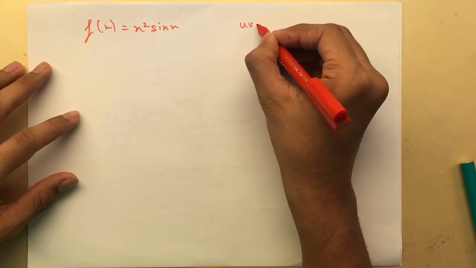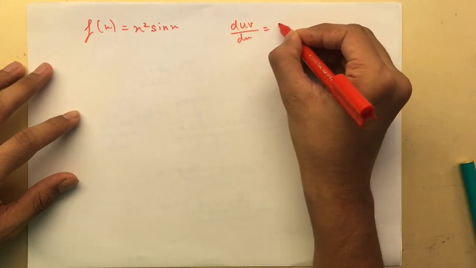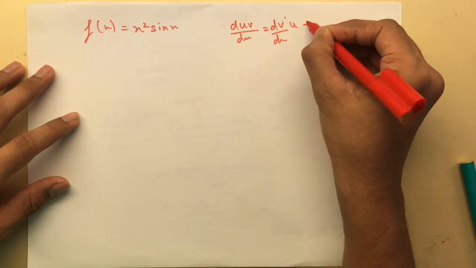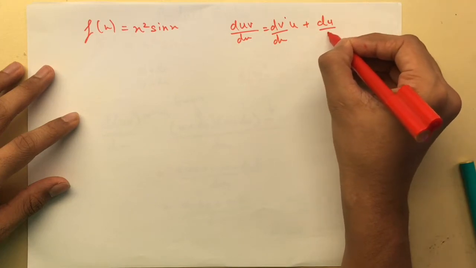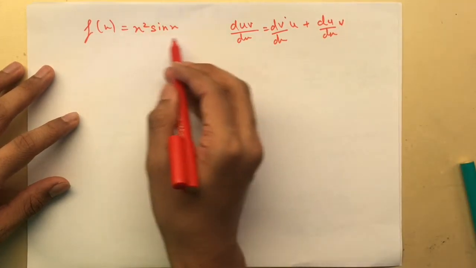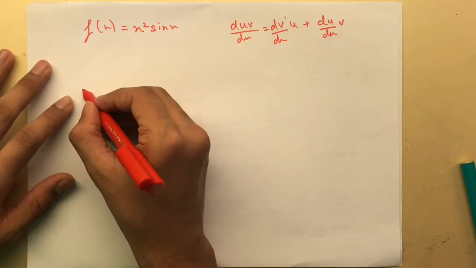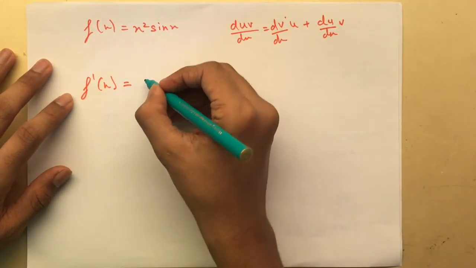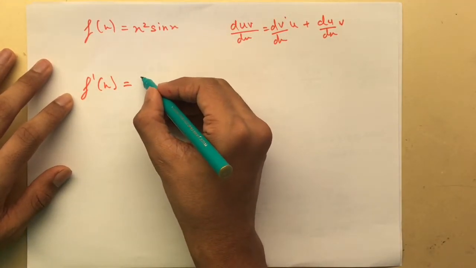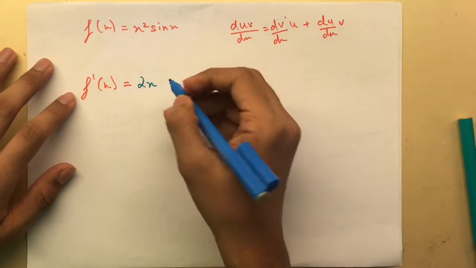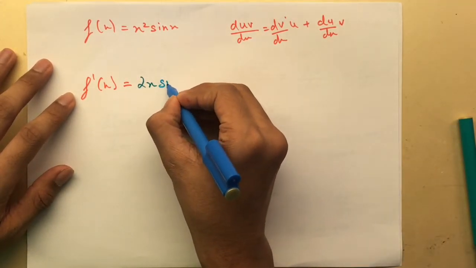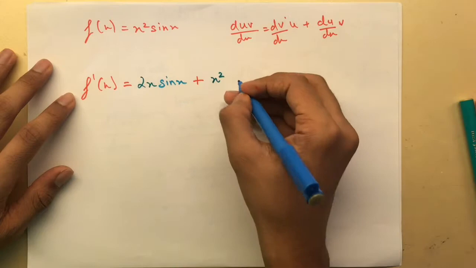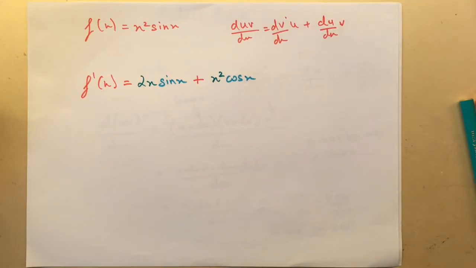So keeping in mind that d(uv) by dx is equal to dv dx times u plus du dx times v, we can just solve this by making this f dash of x being the derivative of x squared, which is 2x, times sine x plus x squared times the derivative of sine x, which is cos x. In that way, we can take the derivatives of products.